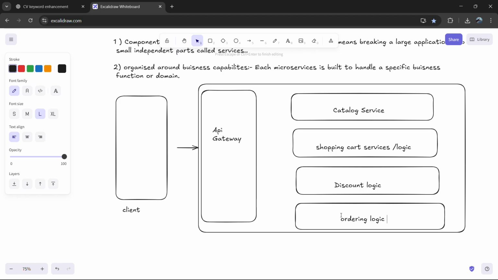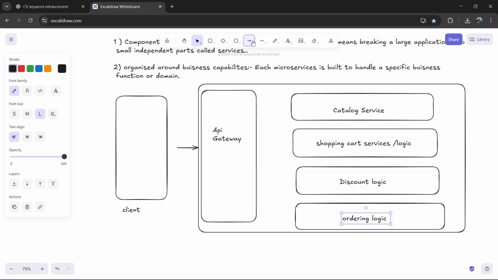So this is the whole system, how organized around business capabilities works. Each microservice is built to handle a specific business function or domain. The catalog service will handle the catalog logic, the shopping cart will handle the shopping logic, the discount service will handle the discount logic, and the ordering service will handle the ordering logic.